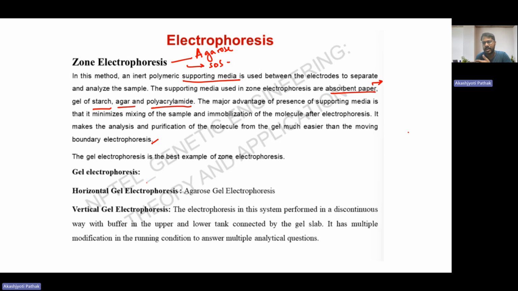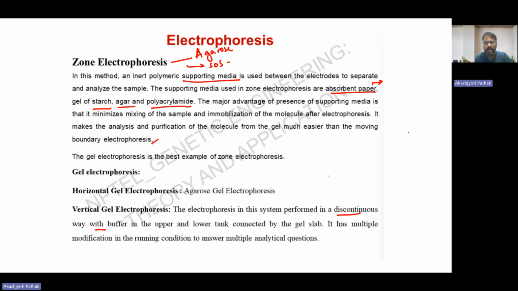There is a horizontal movement of the molecules, while in vertical gel electrophoresis, your sample is moving in the vertical orientation. And this electrophoresis is discontinuous, with buffer in the upper and lower tank connected by the gel slab. It has multiple modifications. SDS-PAGE is also called a discontinuous gel electrophoresis system.